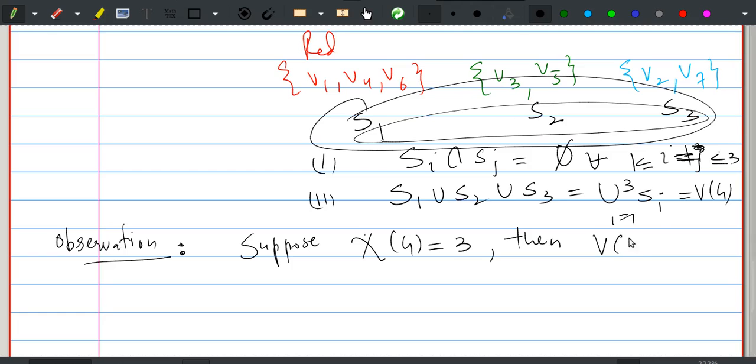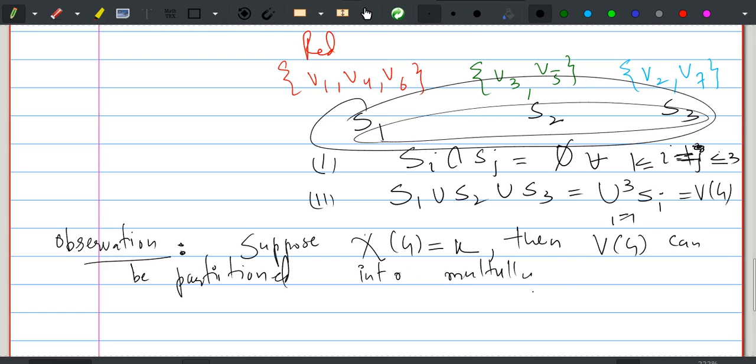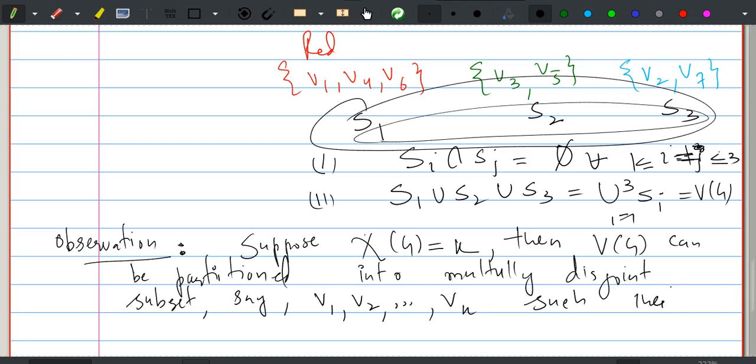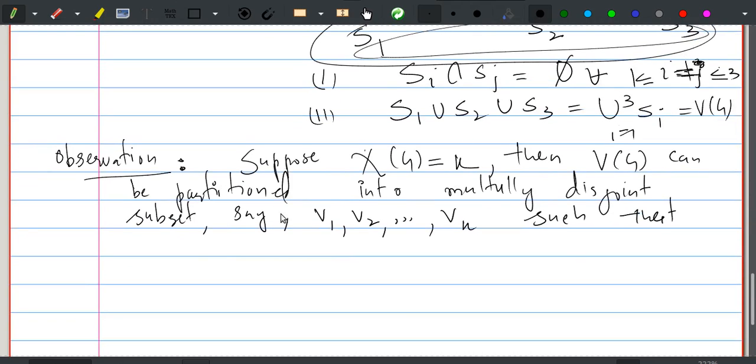Then V of G can be partitioned into mutually disjoint subsets, say V1, V2 through Vk, such that their union, the union of Vi for i from 1 to k, is V of G. So this was the first observation.